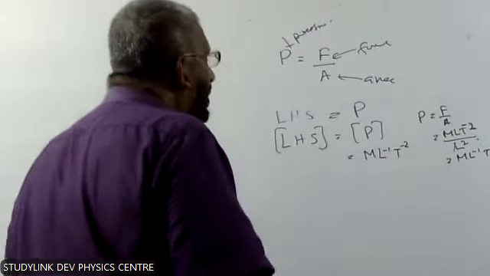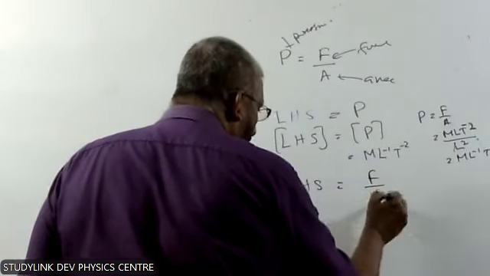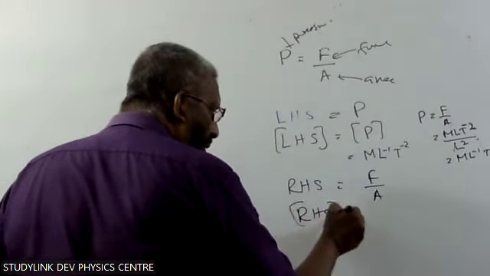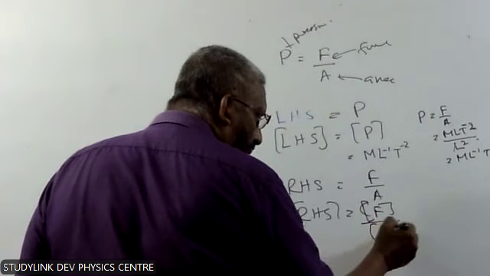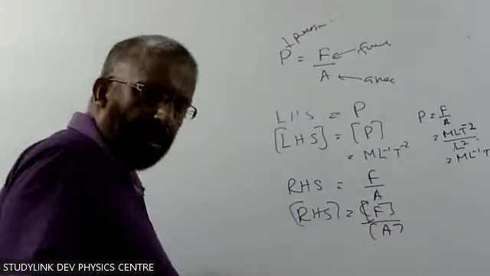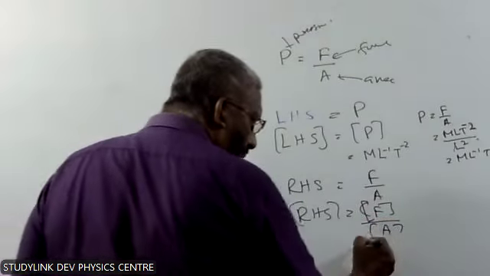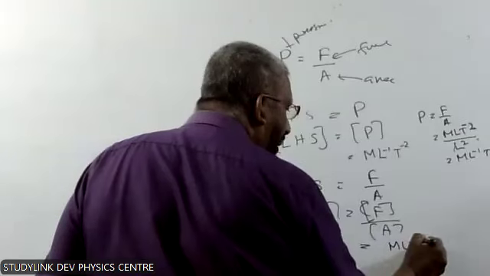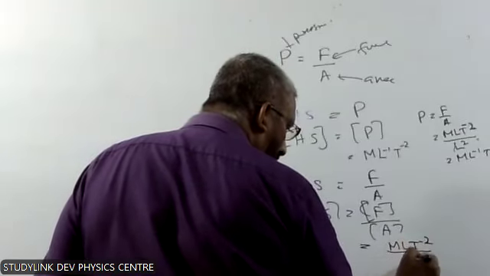Then right hand side, F over A. Right hand side dimension is dimension of F divided by dimensions of A. F is MLT minus 2 divided by L square.